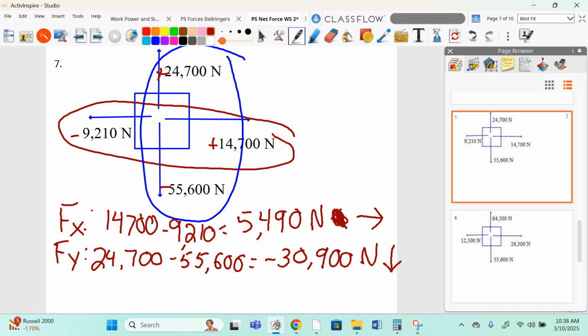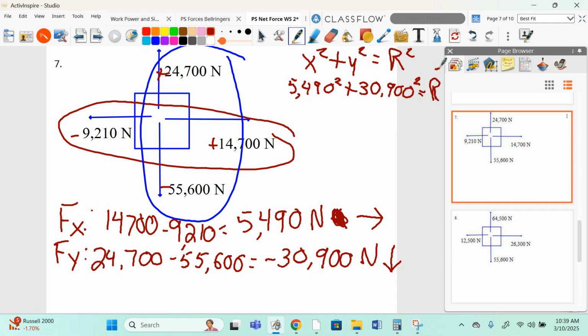Now, these are going to be the legs of my triangle that I'm plugging into x squared plus y squared equals r squared. If you want, you can type this just in a calculator like it is. I'm going to take 5,490 squared plus 30,900 squared is equal to r squared.